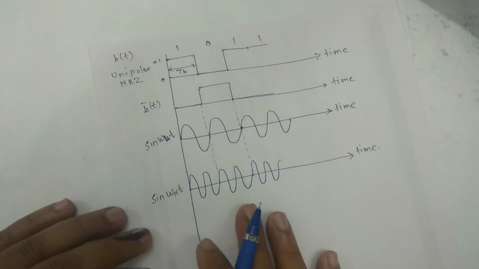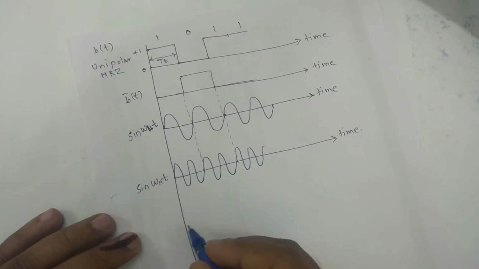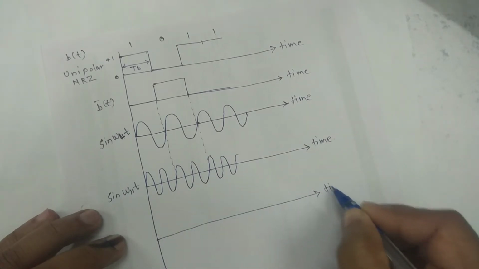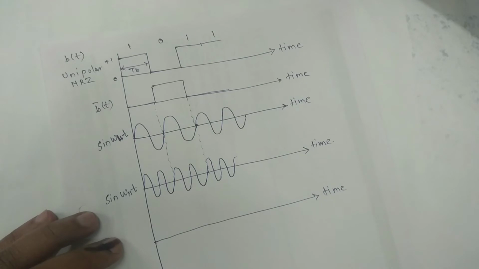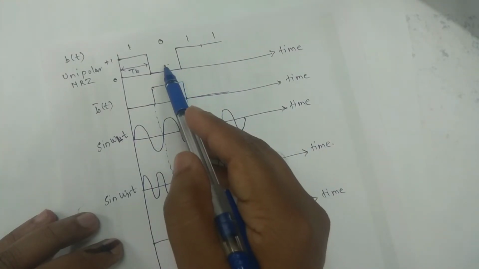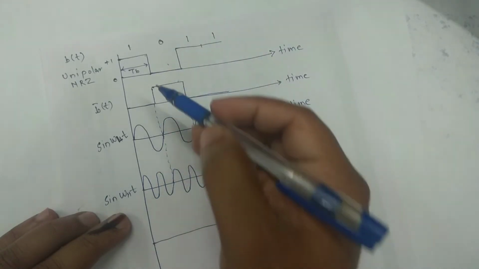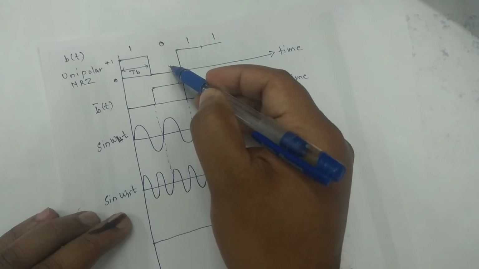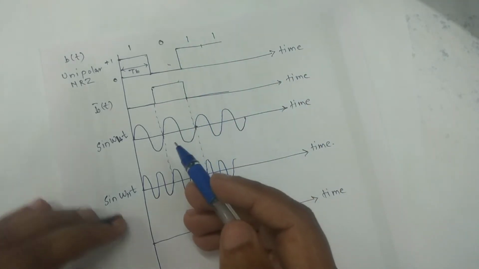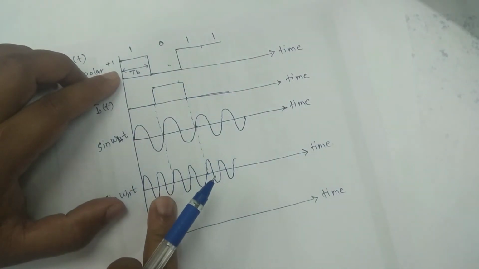What we are doing is this: FSK is nothing but the addition of two ASK signals. So we will multiply the original unipolar NRZ signal with these two carriers. First we multiply it with the high frequency carrier.